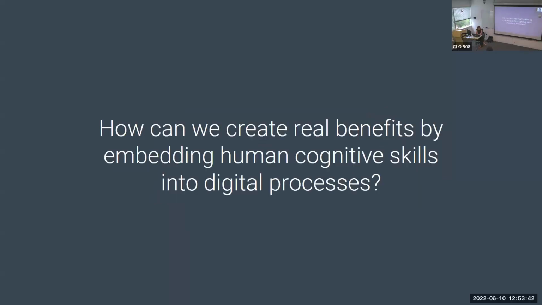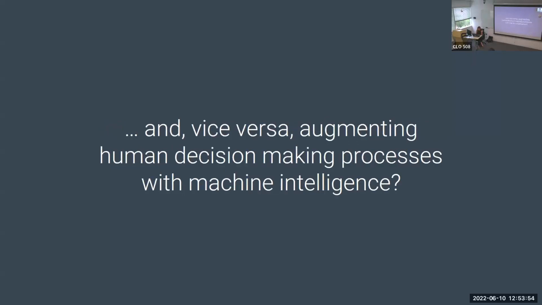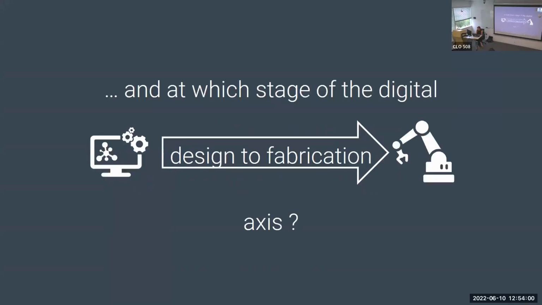So questions such as how can we create real benefits by embedding human cognitive skills into the digital design process still are valid, and also how to augment the human decision-making process with machine intelligence.